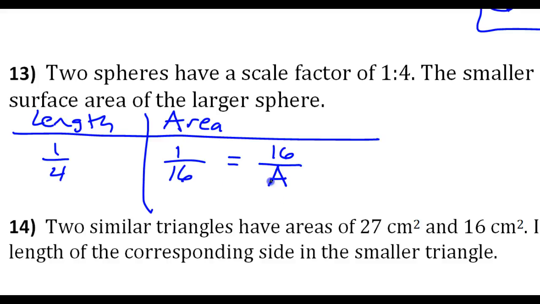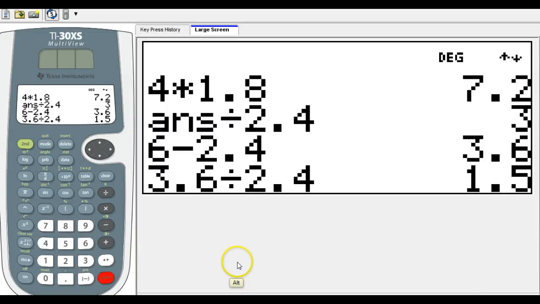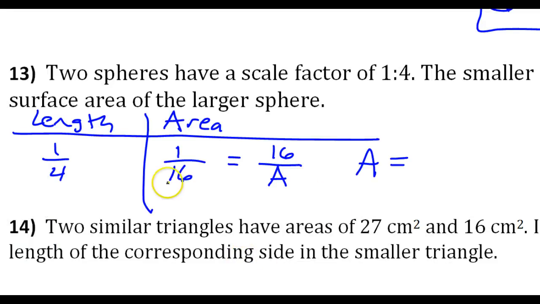That bottom one is going to be the larger surface area that we need. It's just a matter of solving this proportion. If I cross multiply, it's actually pretty simple because I have A times 1, which is just A. So then it's just whatever 16 times 16 is. Anybody already do it? 256. Okay, so 16 times 16, 256.